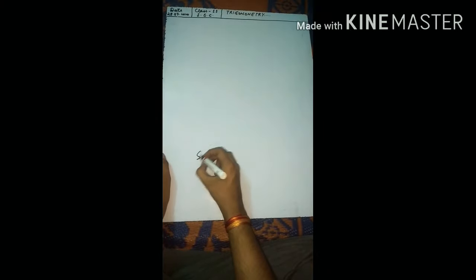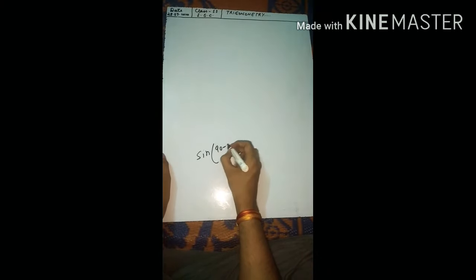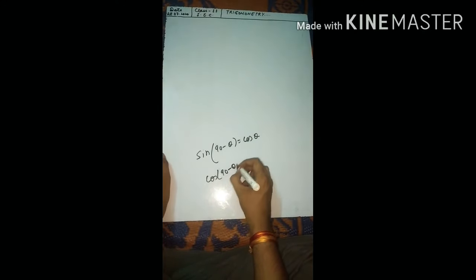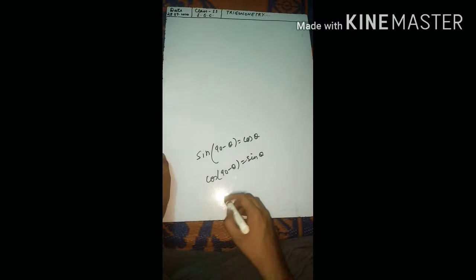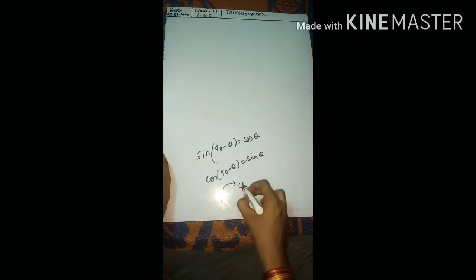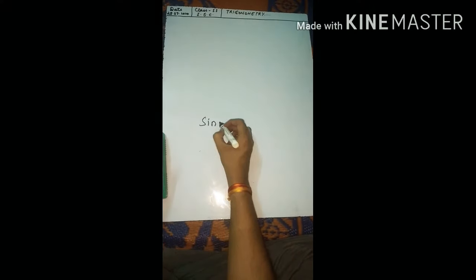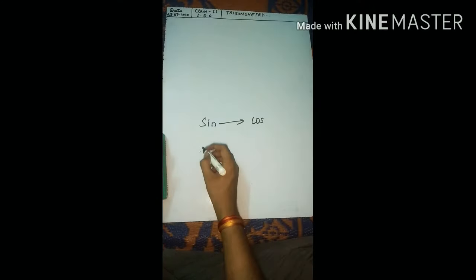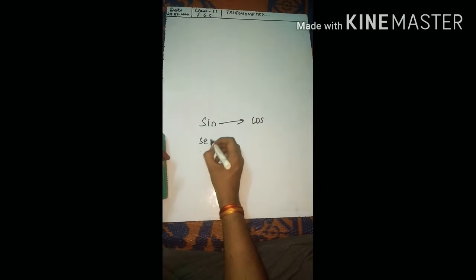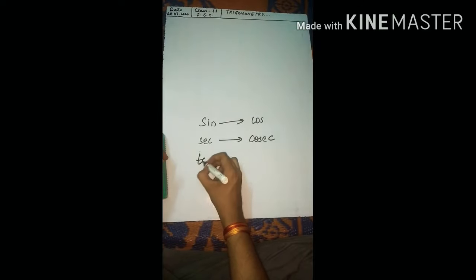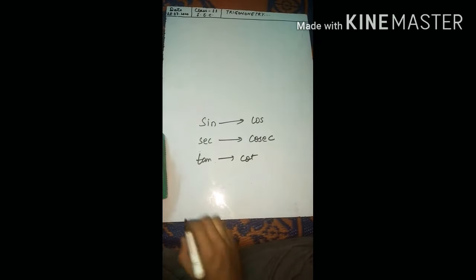Second thing, we have seen the conversions like sin(90 - theta) is what? cos theta, and cos(90 - theta) is again sin theta. That means the function changes into its co-function. Are you understanding what a co-function is? They are trying to explain that the co-function of sin is cos, and the co-function of sec is what? cosec, and the co-function of tan is what? cot.